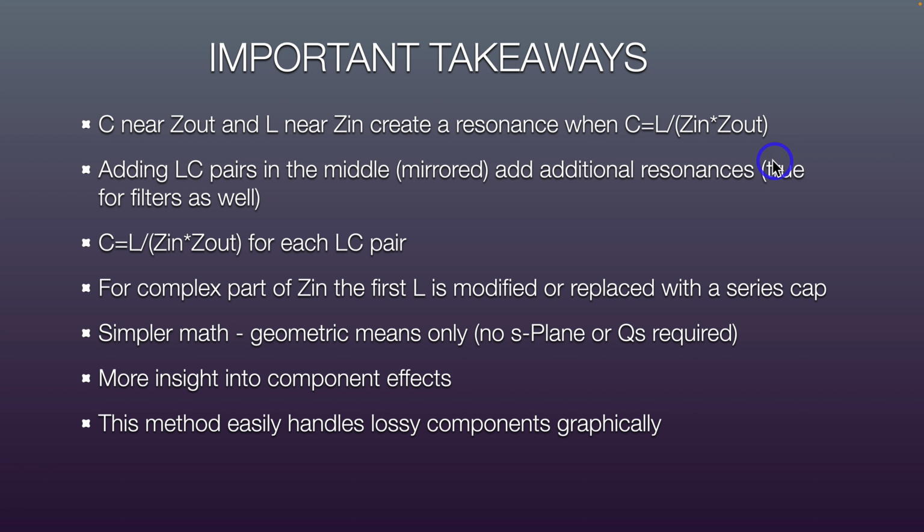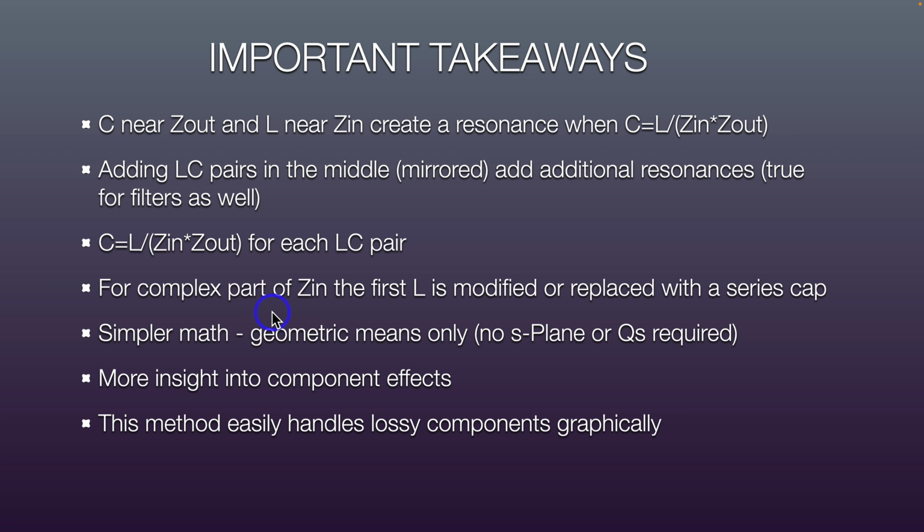That methodology also works for filters as well, and it even works for bandpass filters in a different variation that I talk about in another video. So every time you add one of these LC pairs, C is equal to L over Z in times Z out. That's true through this whole assembly of LC pairs.